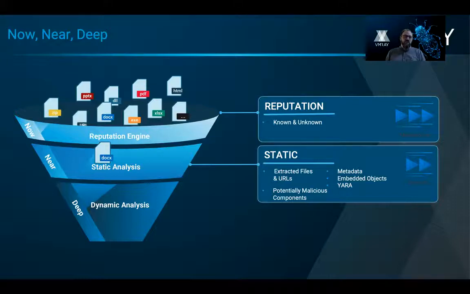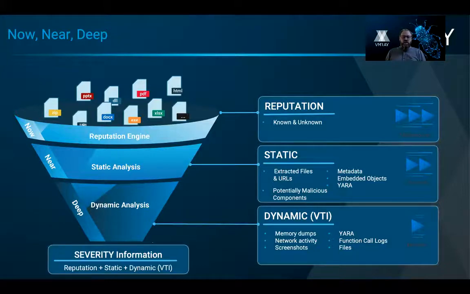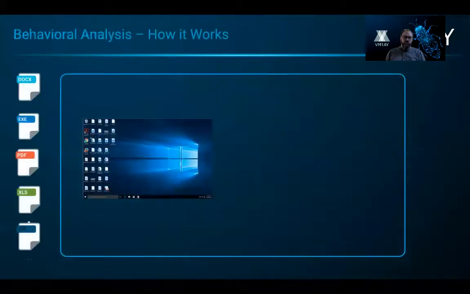And only then, when you've used these relatively fast technologies, utilize dynamic or behavioral analysis to get to the core of things: analyzing memory dumps and actual network activity, utilizing screenshots to see what the user sees, and having a look at dropped files, things that happen while the analysis is going on.